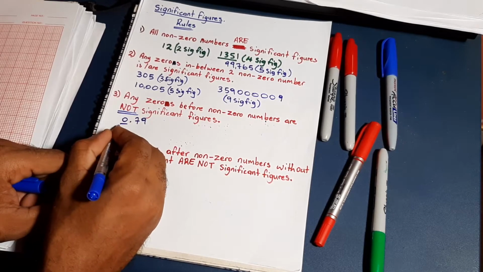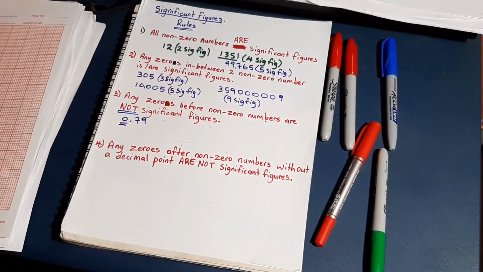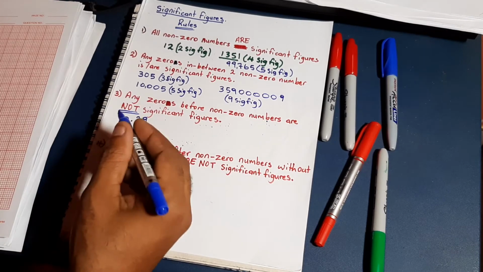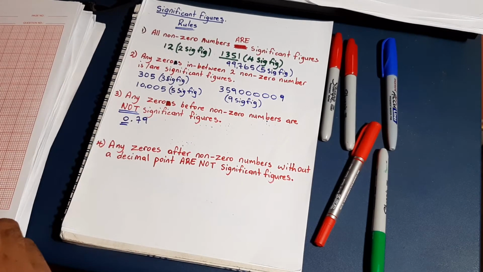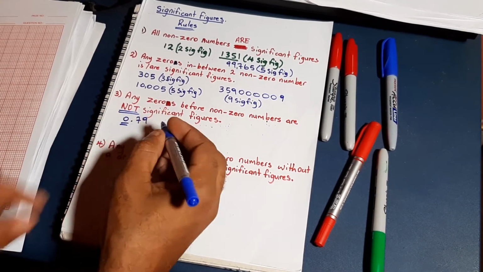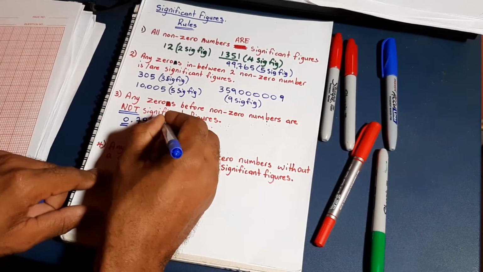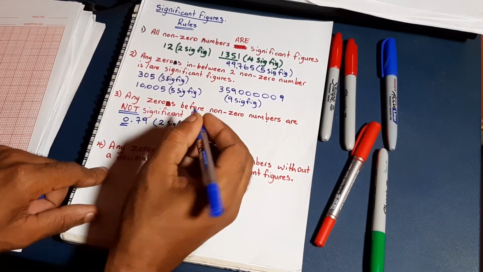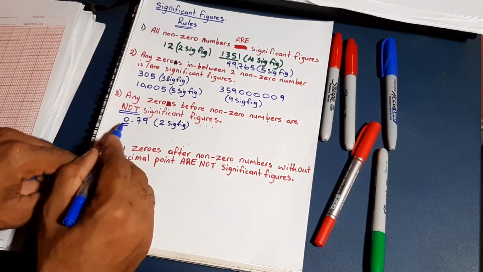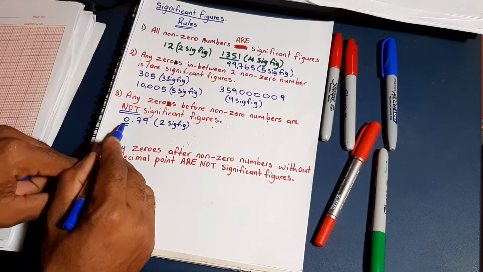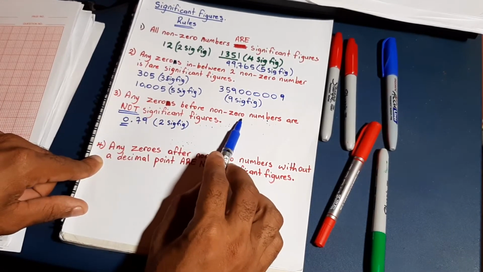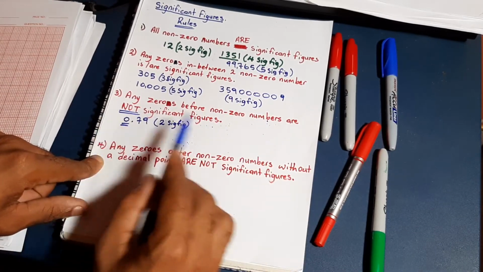This 0 would not be a significant figure because it's before non-zeros. We would call this 0 a leading 0. So this number is written to 2 significant figures. Remember, we would not count this 0, because any zeros before non-zeros are not significant figures.